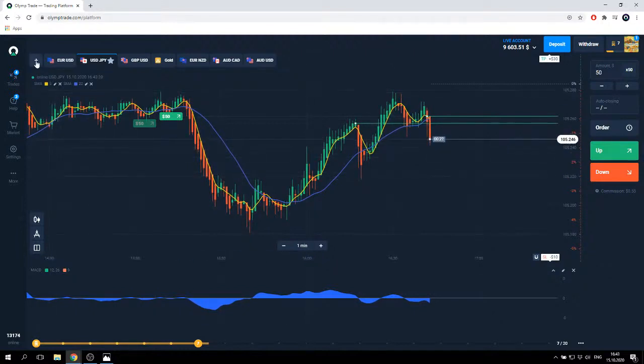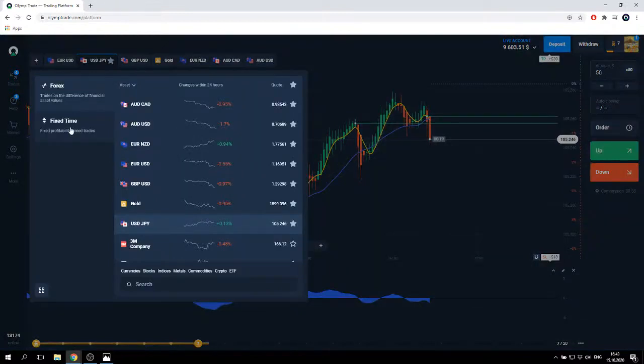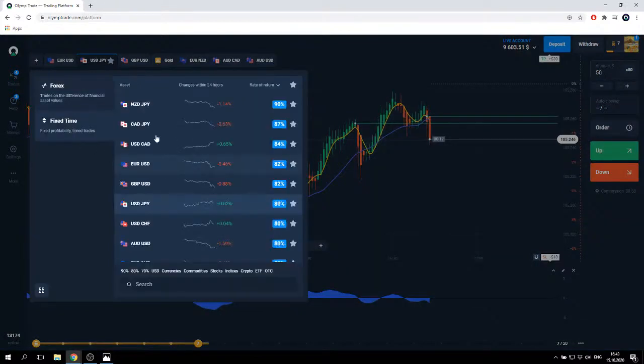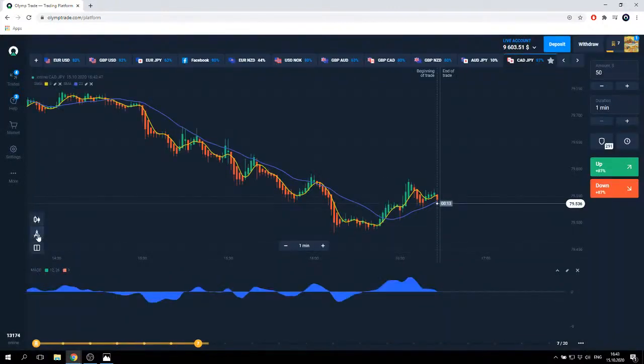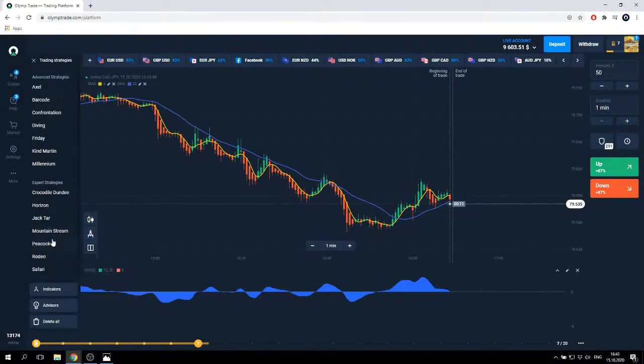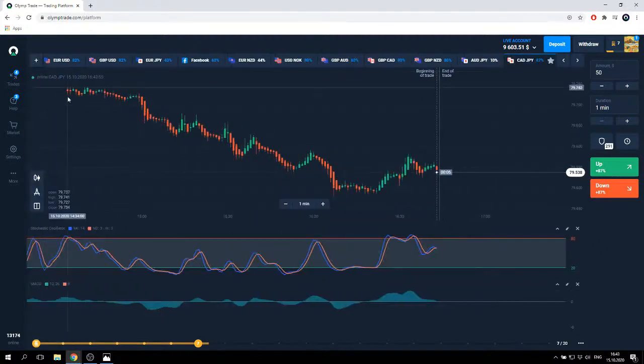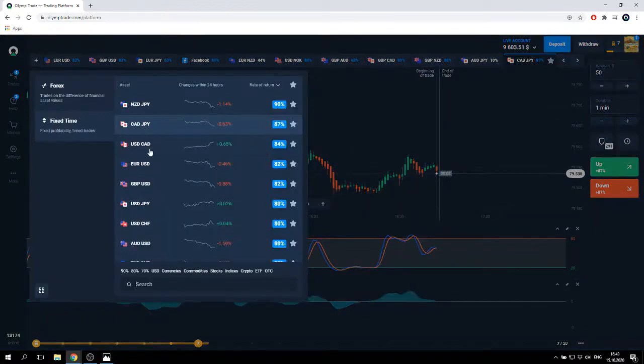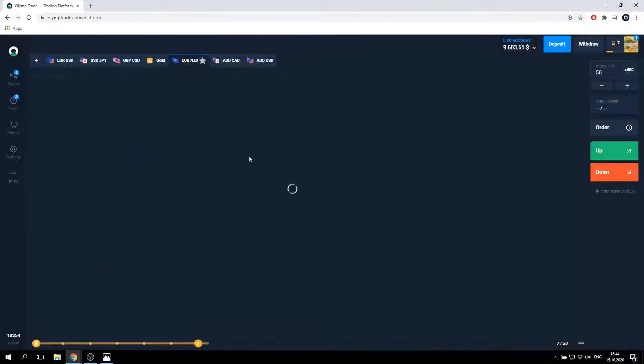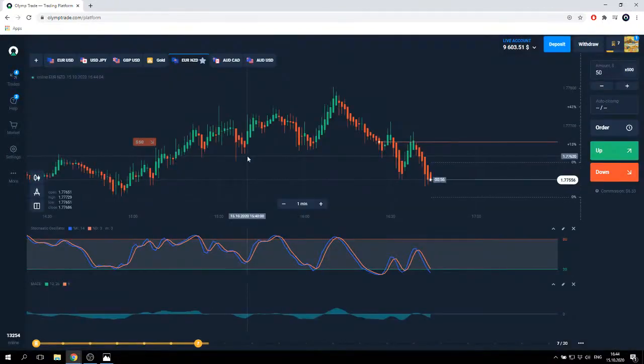For the Rodeo strategy, we're just going to go to the fixed time and click on it, and we'll go to the strategies, and we'll click on Rodeo strategy, right? So we are on the Rodeo strategies, and we'll go for the forex, and we'll click here, right?